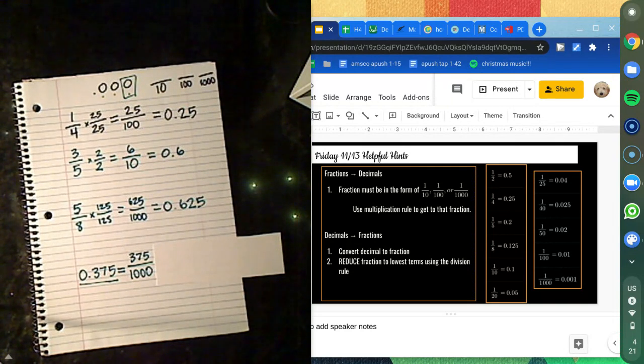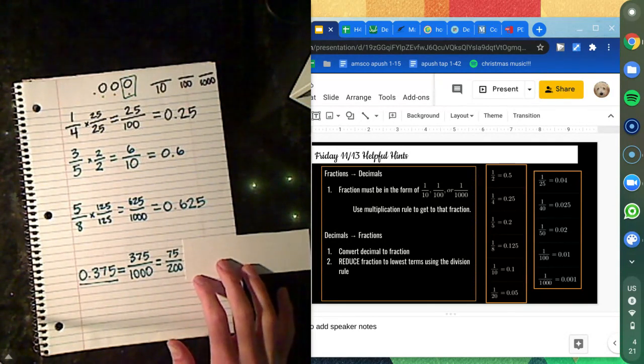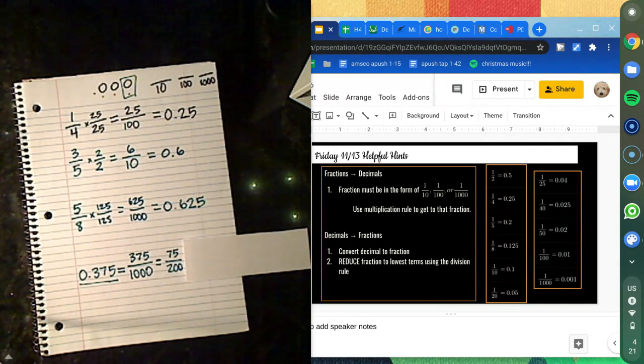So the first thing I see is we can divide by 5. And when you divide by 5, I didn't show the math, but you would have to show the math. When you divide by 5, you get 75 over 200, okay? Now I see a couple things. I see you could divide by 5, but you could also divide now by 25. Divide the top and bottom by 25, right?